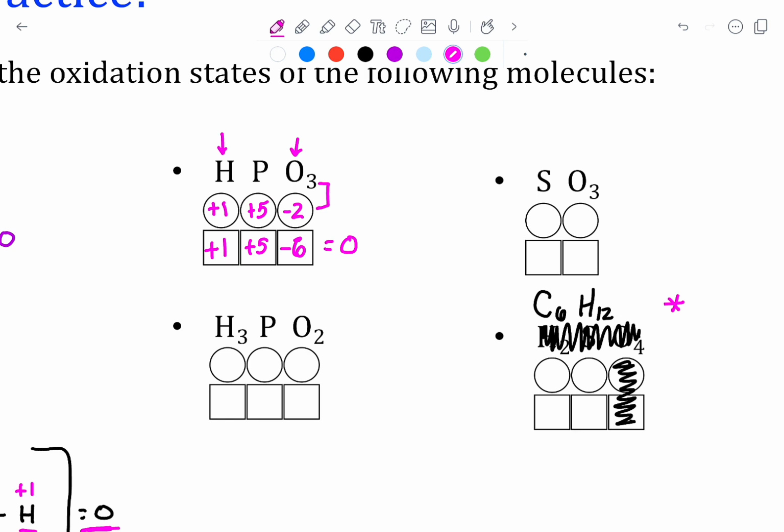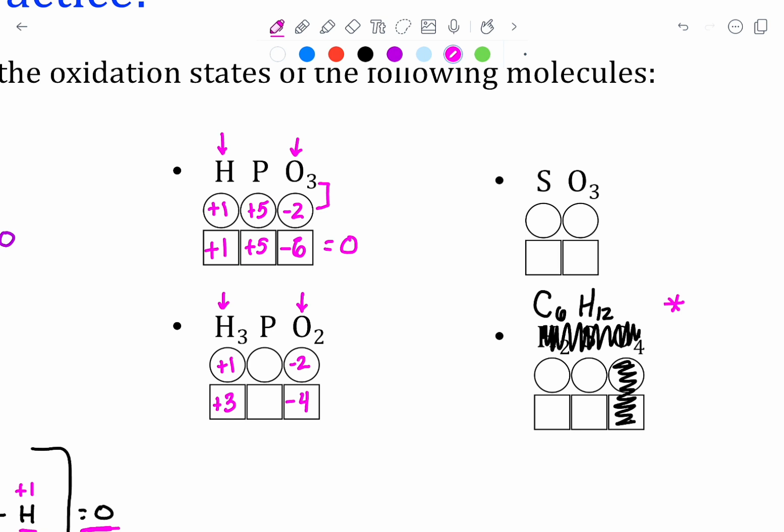Our next example now changes what our oxidation number is going to be for phosphorus, but we're going to follow the same rules. We know oxygen, -2. We know hydrogen, +1. So there's 3 hydrogens, so its total contribution is now +3. And there's 2 oxygens, so its total contribution is now -4.